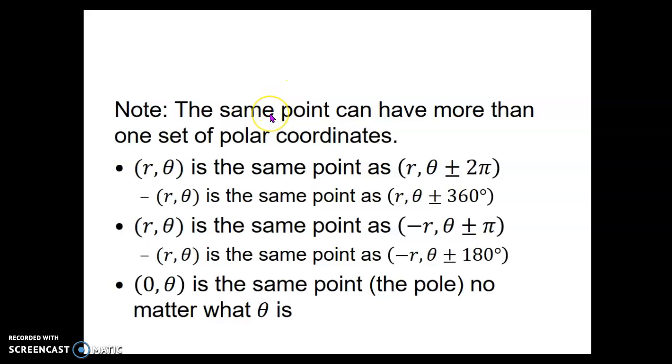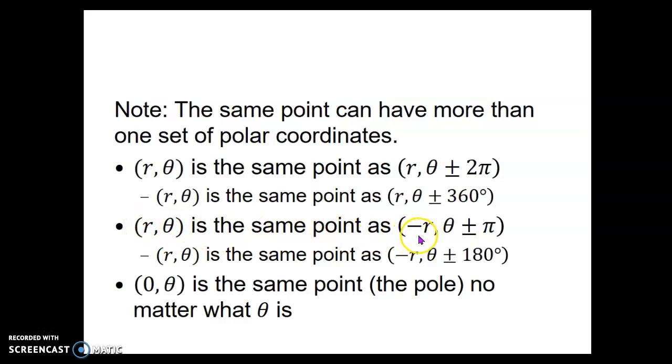Now notice the same point can have more than one set of polar coordinates. You can take any angle and add or subtract 2 pi, or 360 degrees, and it's essentially the same angle, so it represents the same point in polar coordinates. And we talked about what happens when you have a negative r. Having a negative r is the same as having a positive r in the opposite direction.